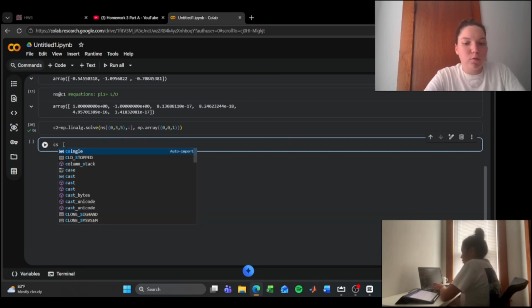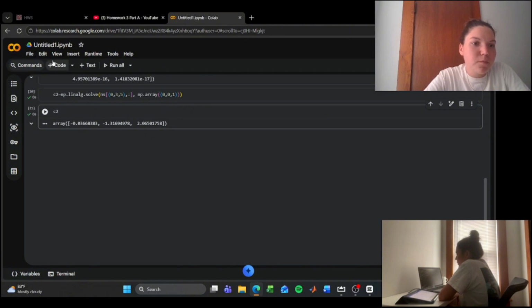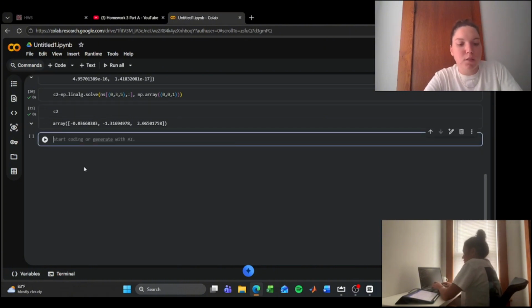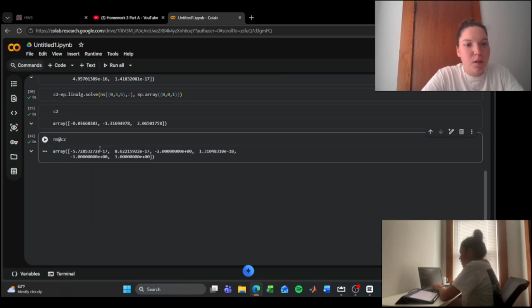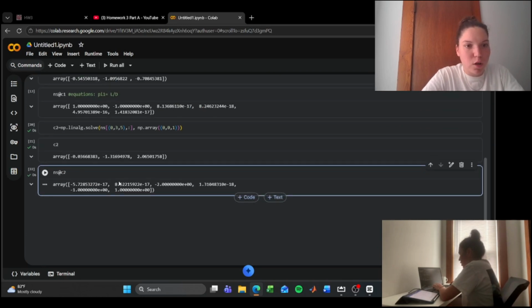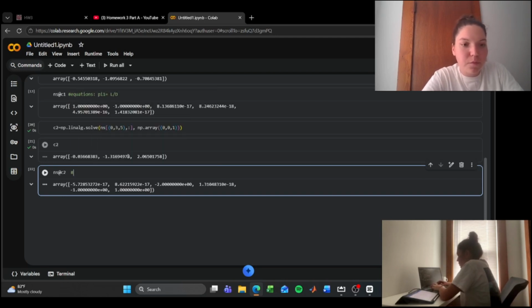And then here's that array. Same thing as last time, you want to do the null space. I'm going to take the dot product between the null space and, this time, C2. There's our array. Great. And this is going to be for our second pi equation.